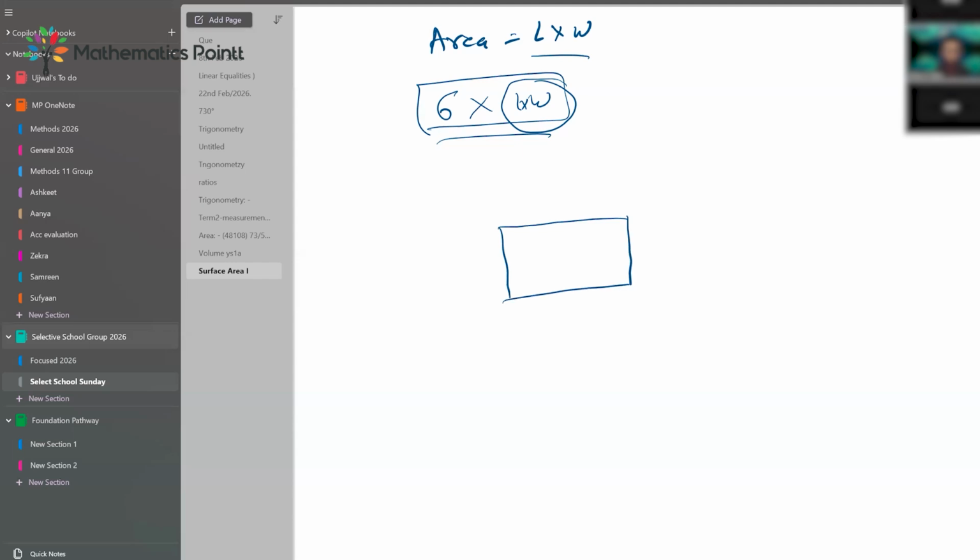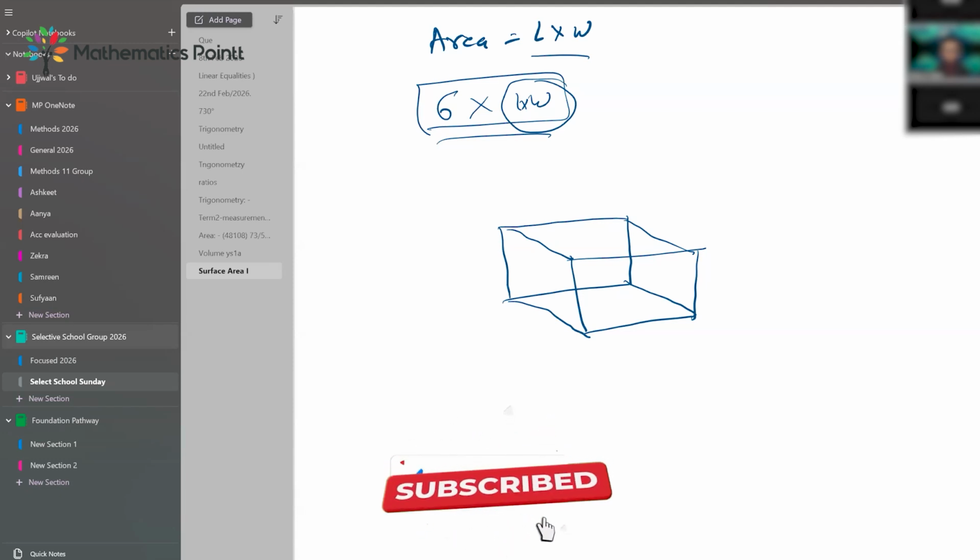Let's make it again. Now, this is the length of the rectangle. This is the width.